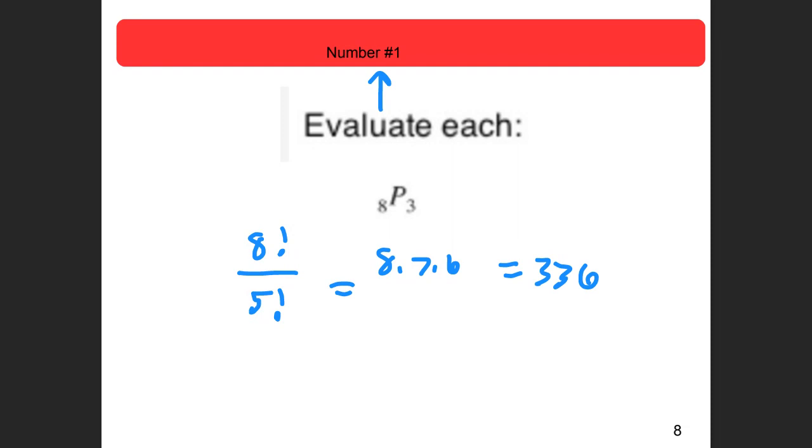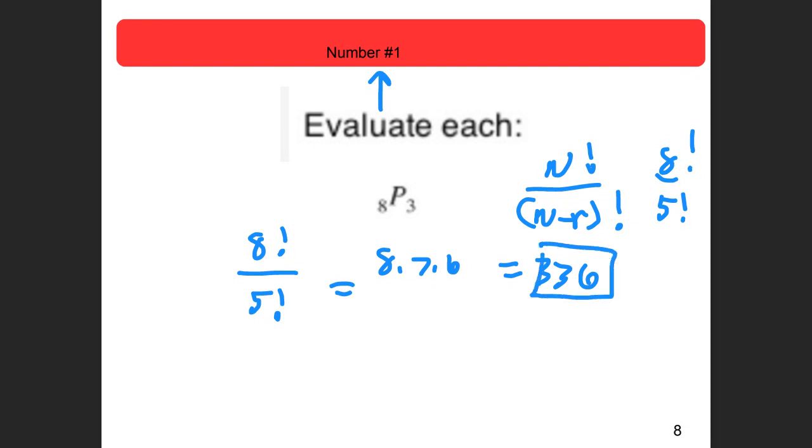Remember, the formula is n factorial over n minus r factorial. The n was 8, and 8 minus 3 is 5. Then all I did was look at this and say, it's just 8 times 7 times 6. Oh, you guys are faster. So 336 should be the answer.